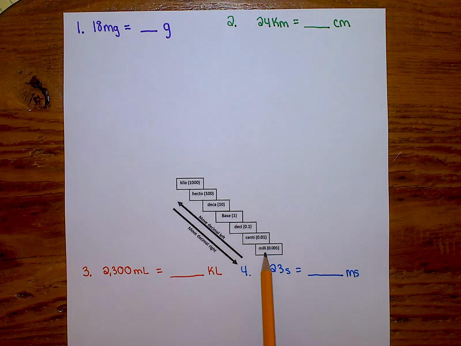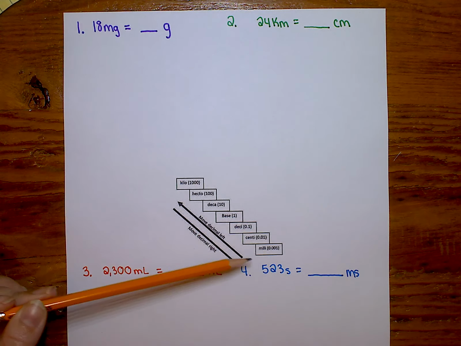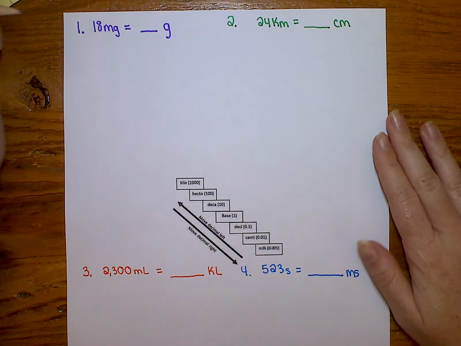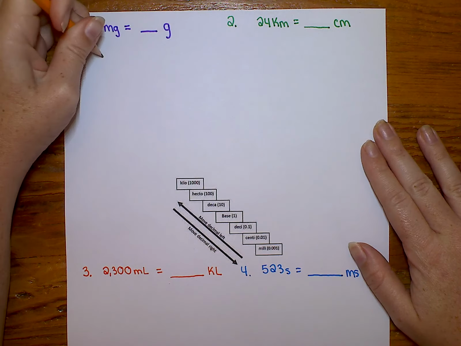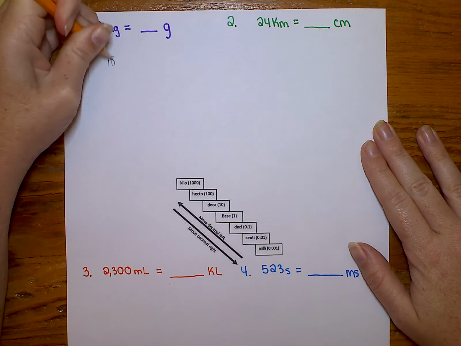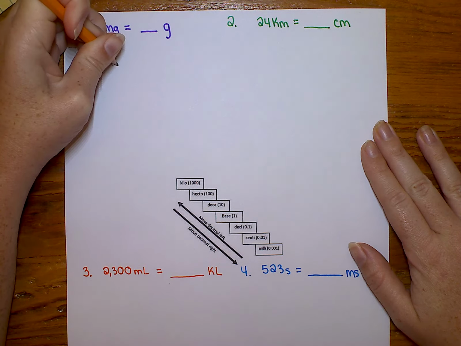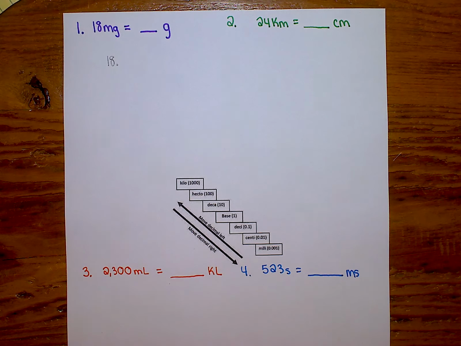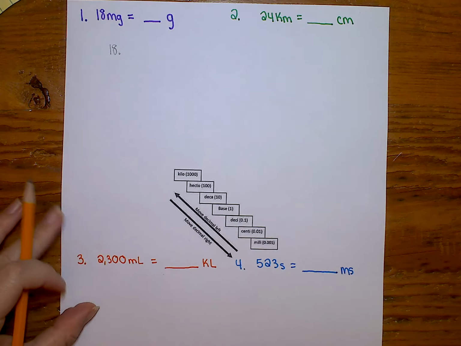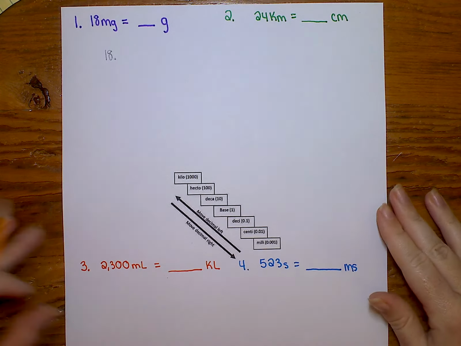So we're going to see how many times we are moving it and which way our decimal point is going to go. So we're going to start by writing 18. And let's put where our decimal point originally is. Our decimal point is to the right of our ones place. So we start there.